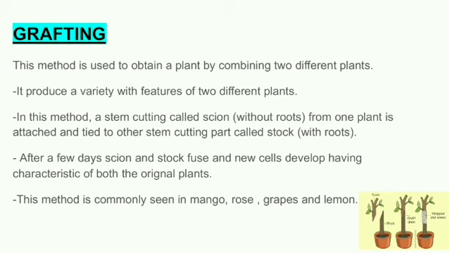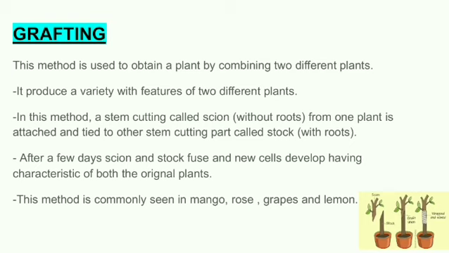The part of stem which we have cut from one plant is called the scion, and this part will be without roots. This scion will be attached on another plant, and the part where the scion is attached is called the stalk.